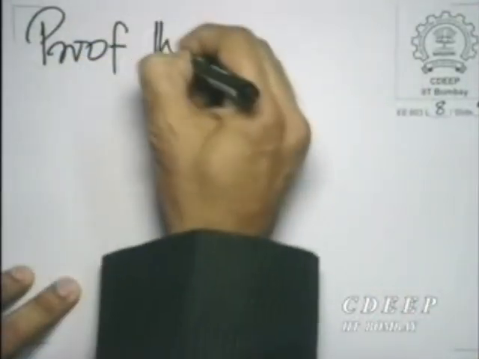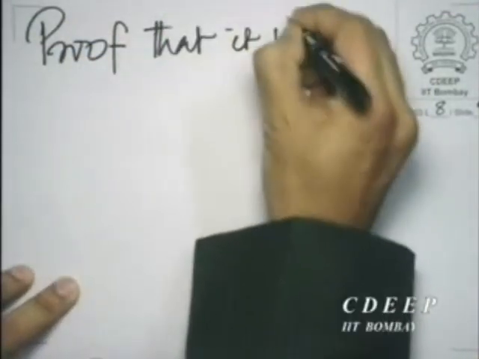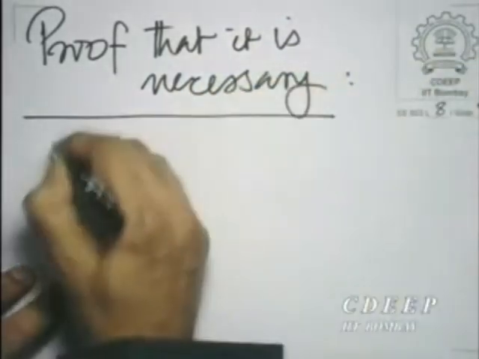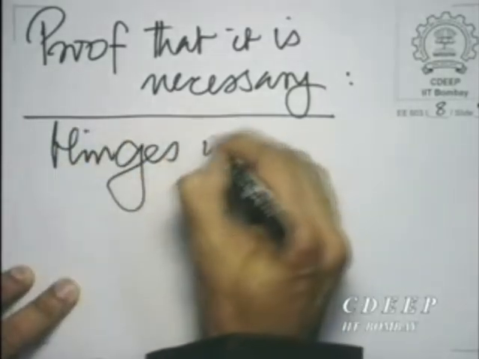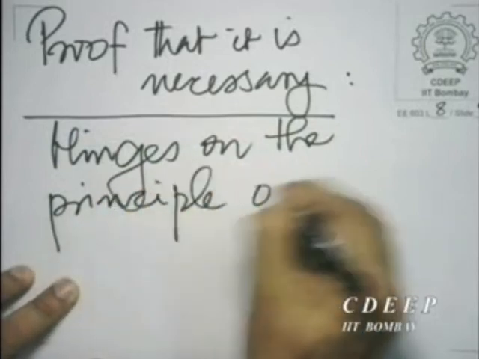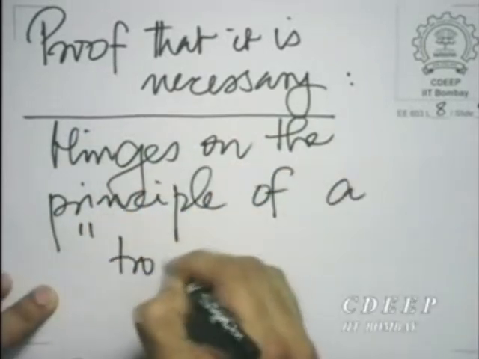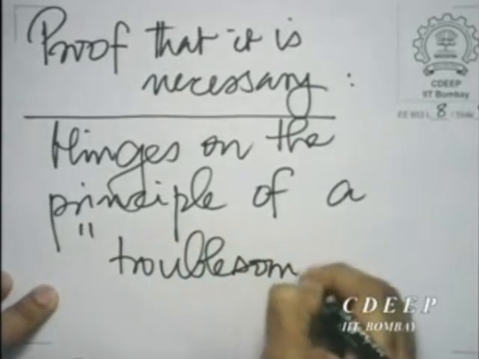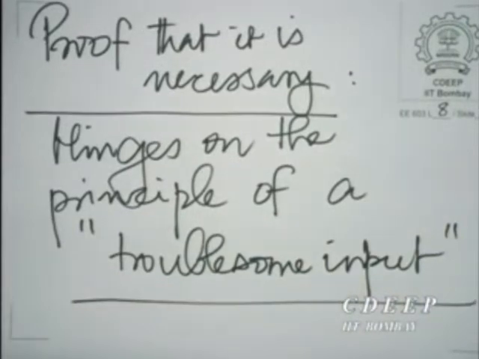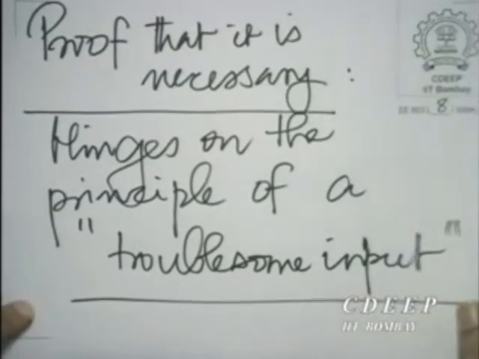So the proof of necessity hinges on the principle of a troublesome input. And that troublesome input is the following.